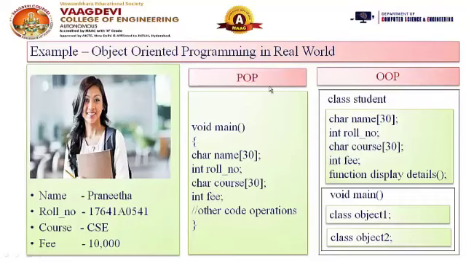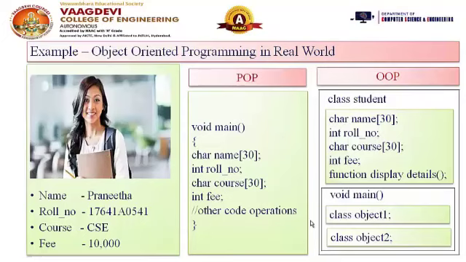Whereas in object-oriented programming, to display n number of students, we have only one class which includes variables and functions of a student. Using this single class, we can display the details of n number of students. So, this was just an overview in terms of visual representation.